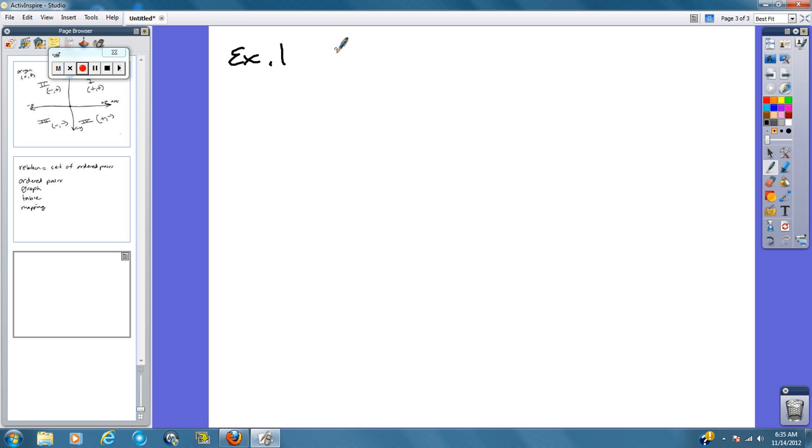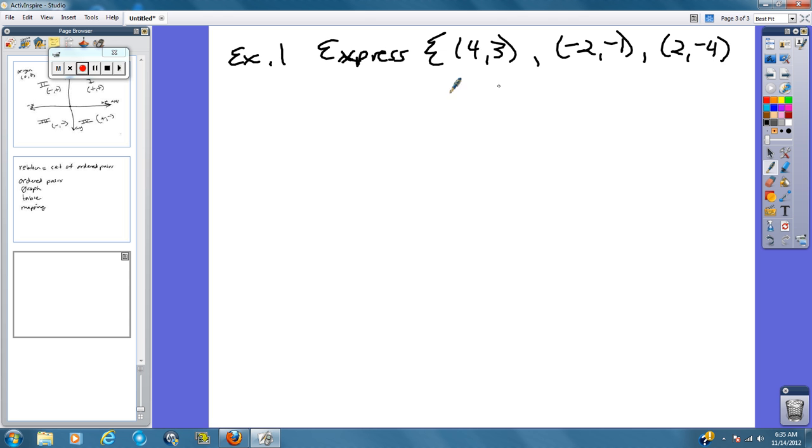And what we want to do is express, and what I'm giving you is a set of ordered pairs. This is a bracket. I know it looks terrible, but I can never draw them. Okay, so (4, 3), (-2, -1), (2, -4), and (0, -4).